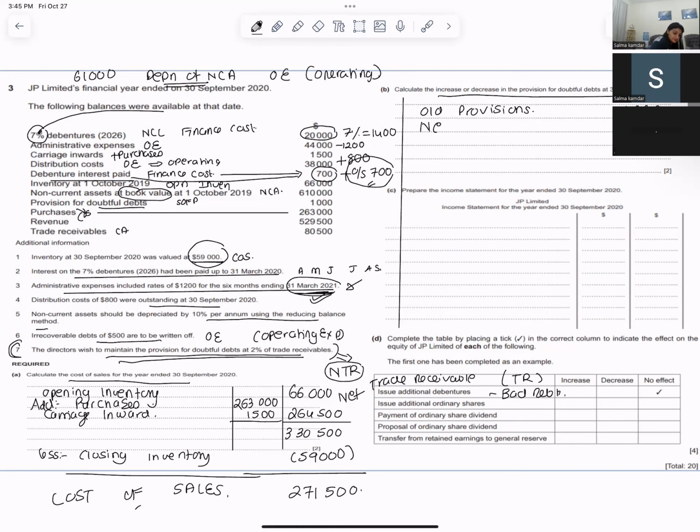New provision: provision is always created as a percentage of your NTR, your net trade receivables. So 8,500 minus bad debts of 500, and the percentage is 2%. So 8,500 minus 500, at 2%, is 160.